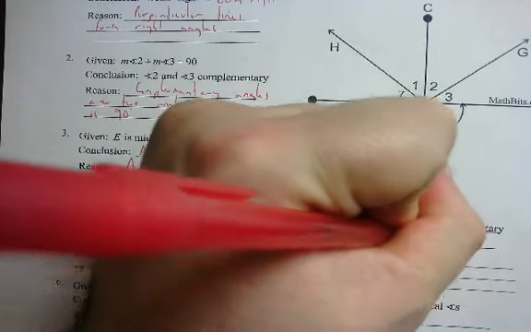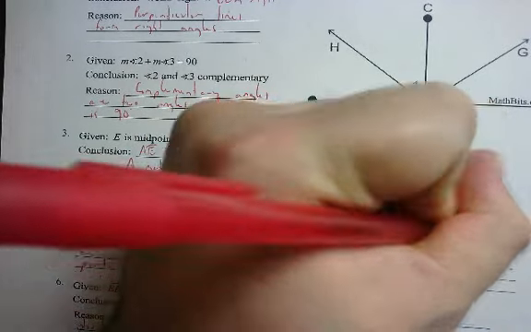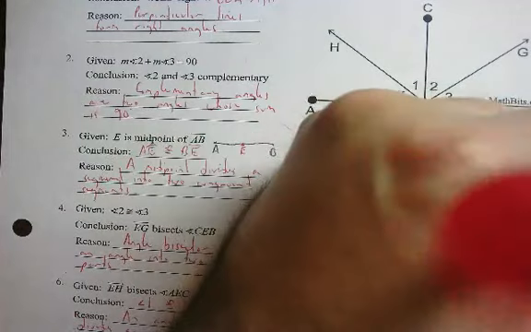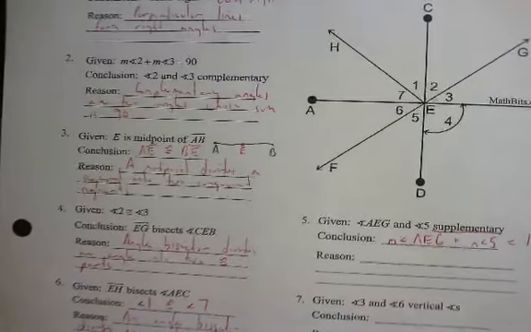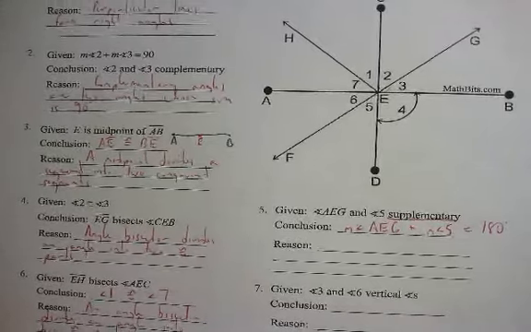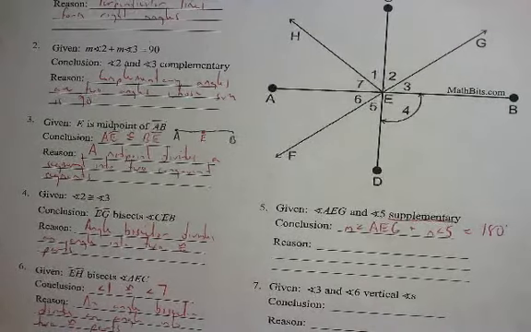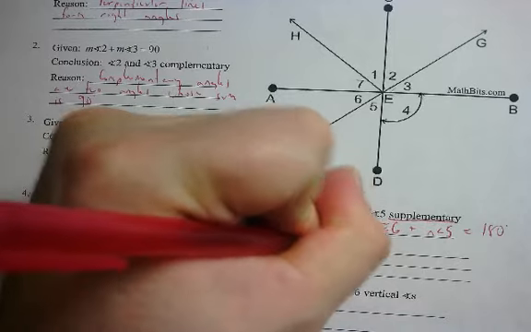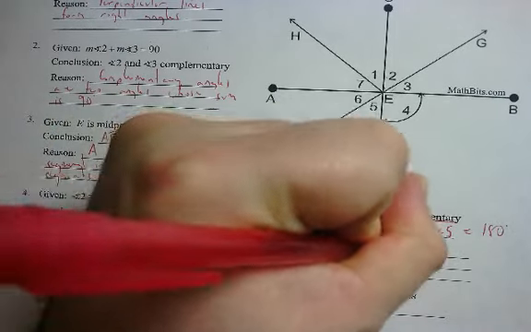We know that the measure of angle AEG plus the measure of angle 5 have to total 180 degrees. And the reason we know that is just based off of the definition of supplementary angles. What are supplementary angles?